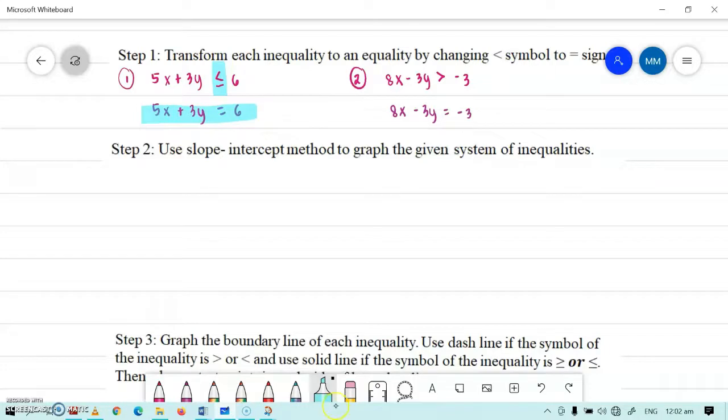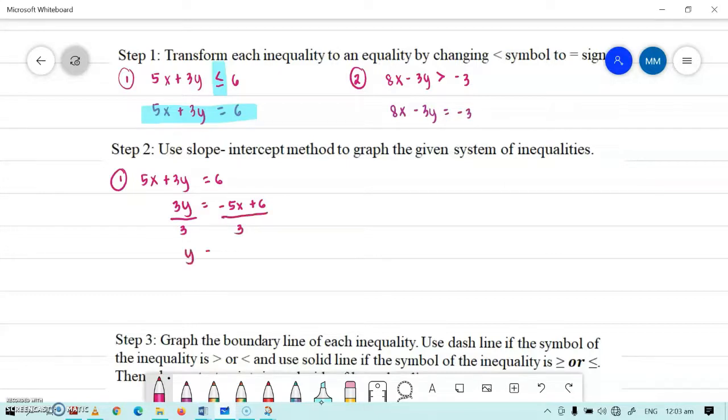Okay, the transformed equality for our first inequality is 5x plus 3y equals 6. Isolate 3y, so you have 3y is equal to negative 5x plus 6. Divide both sides by 3.